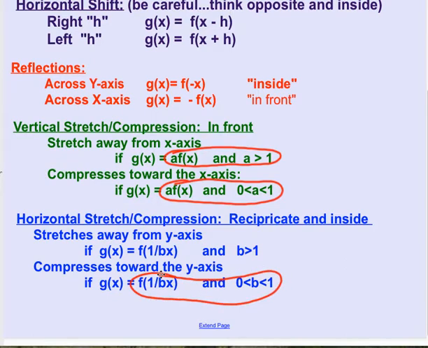If you are multiplying by a value between 0 and 1, it's actually a stretch. So notice inside the function is already the reciprocal. And I'm talking about what you actually see. If you actually see a number greater than 1, it's a compression. If you actually see a value between 0 and 1, it is a stretch when it's grouped with the x.